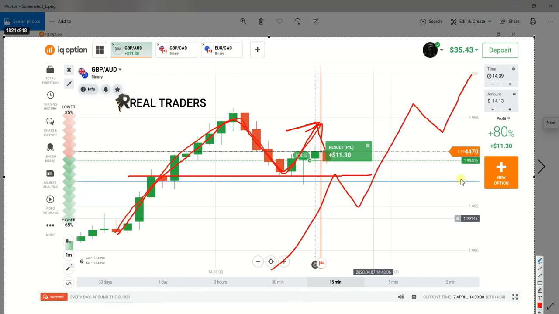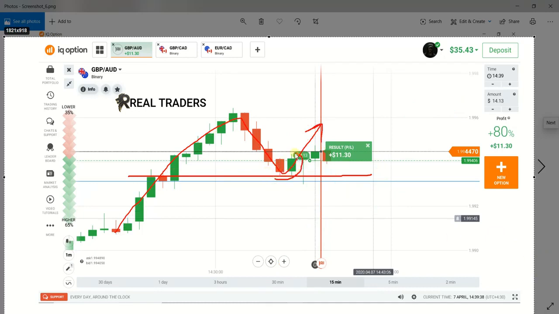So when the market reverses in the middle of this trend, you can see this is an uptrend and it reverses in the middle of the trend. Here you can see a clear example, it reverses in the middle of the trend here. So when the market reverses in the middle of the trend, wait for the next candle.